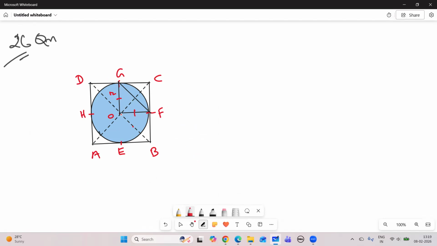Now let's look at the triangle OGF. In this triangle OGF, these two sides are equal. Therefore, they subtend equal angles at the third side. Their opposite angles are the same because these two sides have equal length. This triangle is isosceles.